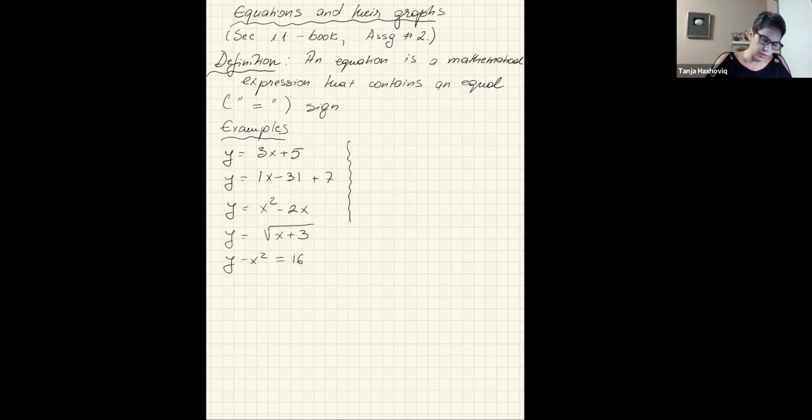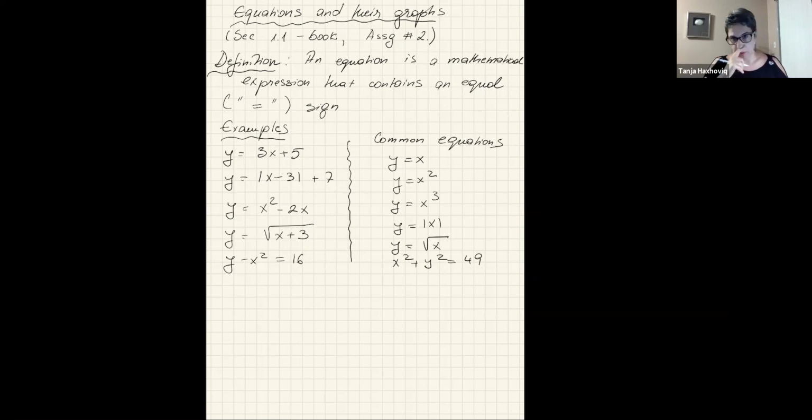specifically we can talk about some very common equations that we have seen before. So common equations. y = x is probably the simplest of them all. y = x², y = x³, y = |x|, y = √x, x² + y² = 49, and so on.